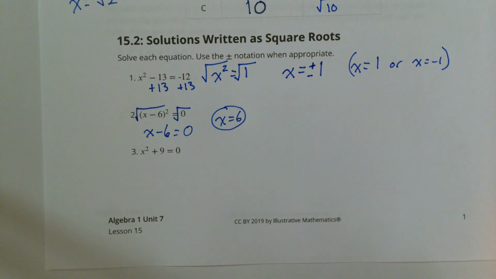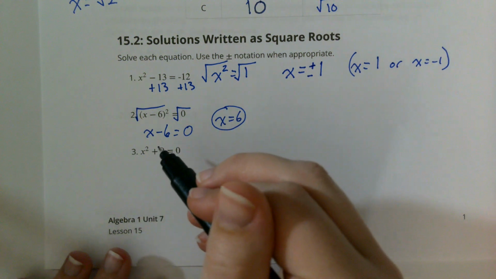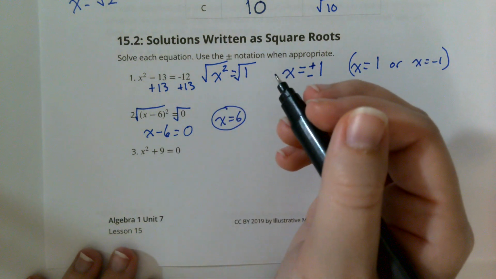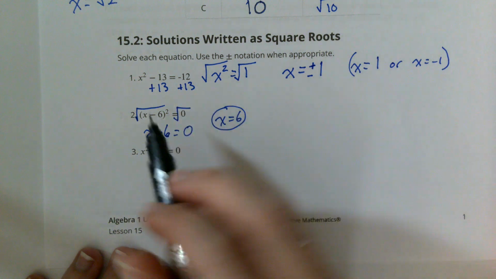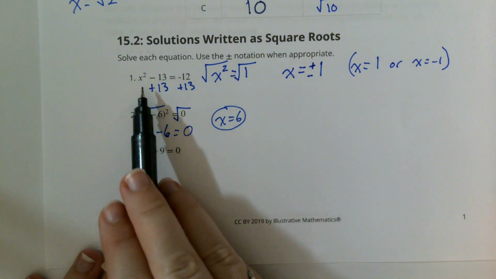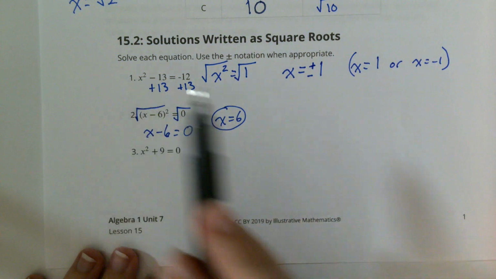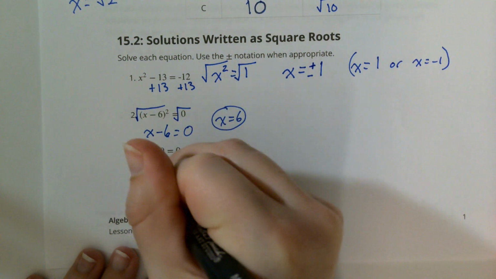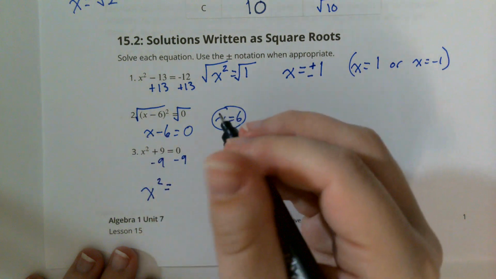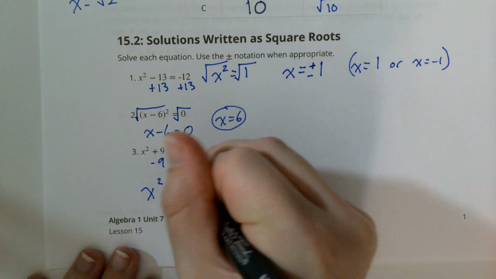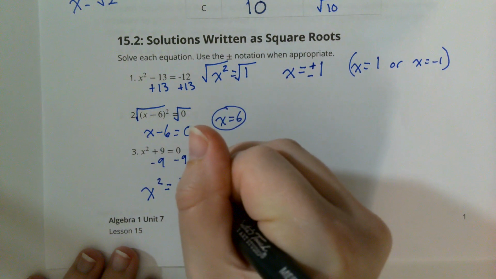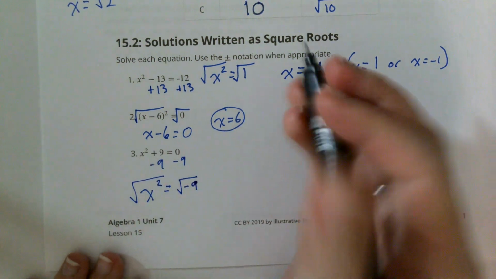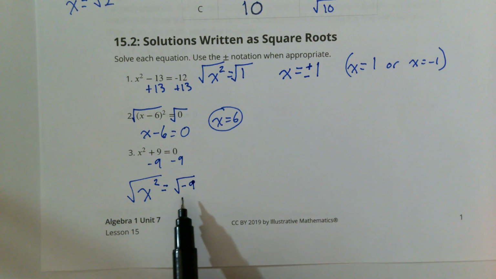Let's see. x squared plus 9 equals 0. Remember how I said, like, up here, we could get our constants on one side and just x squared on the other side. So let's subtract 9 from both sides. So x squared equals negative 9.